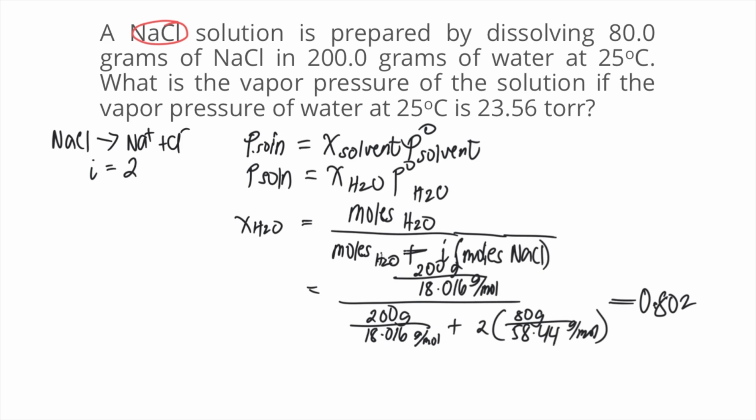Now let's get the pressure. The pressure of the solution is the mole fraction of water, 0.802, times the partial pressure of water at 25 degrees Celsius, that's 23.56 torr.